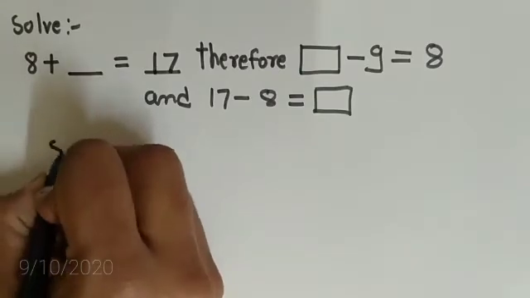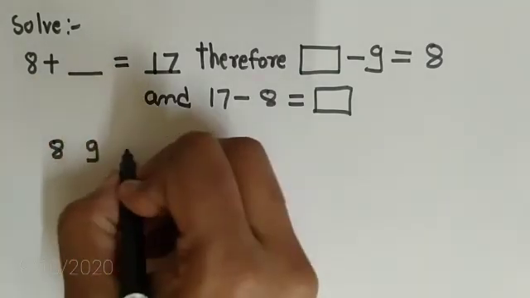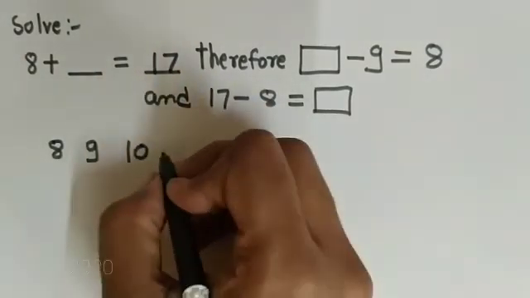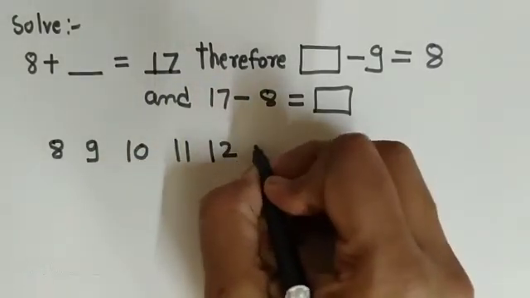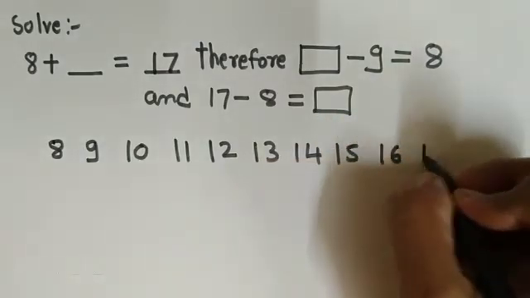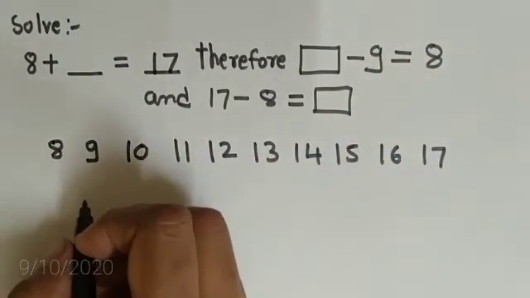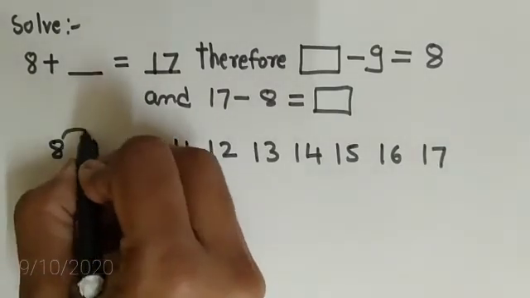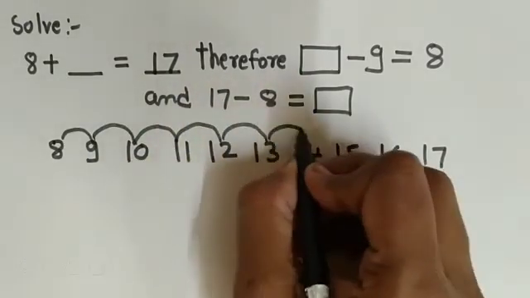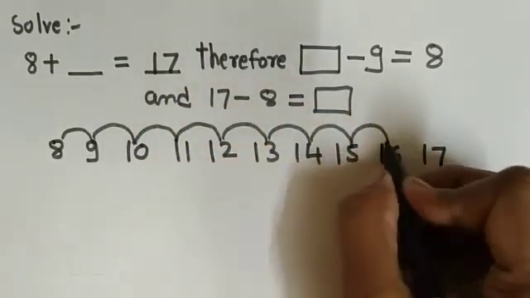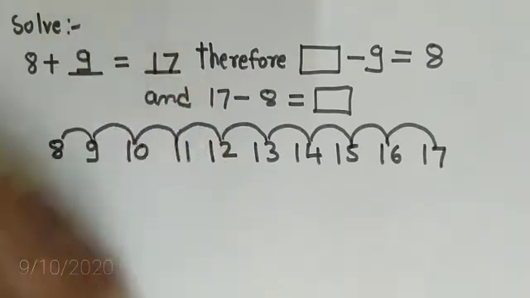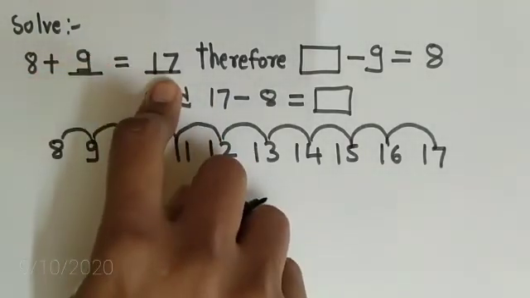First write the numbers from 8 till 17. Now we will count the number of steps. 1, 2, 3, 4, 5, 6, 7, 8, 9. Means if you add 9 to 8, then you will get the sum 17.